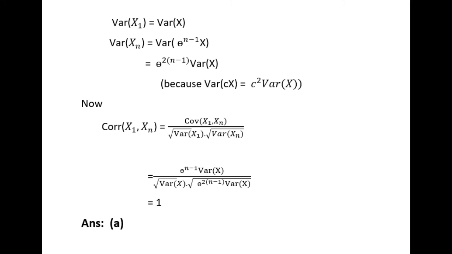Now correlation between x1 and xn is equal to covariance between x1 and xn divided by square root of variance of x1 into square root of variance of xn, which is equal to theta to the power n minus 1 into variance of x divided by square root of variance of x into square root of variance of theta to the power n minus 1 into x, which is equal to 1. So option A is the correct answer.